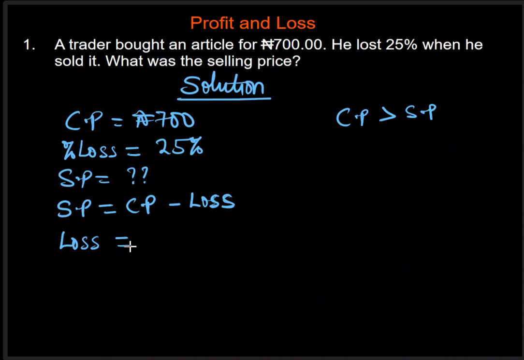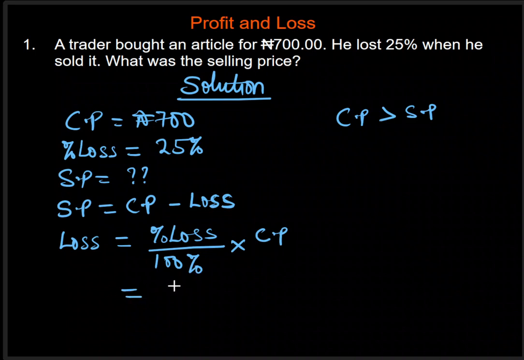So loss will be equal to, the formula is percentage loss over 100% times the cost price. That will give us percentage loss, that's 25% over 100%, times the cost price, 700 over 1.